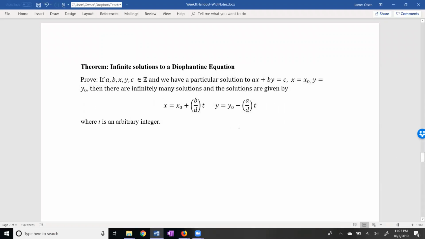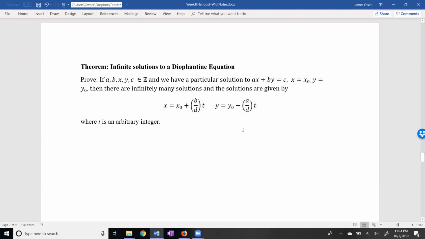Now, if we take a look at these expressions here, notice that we're dividing by d. b is divisible by d, so this looks like a fraction, but it's actually going to be an integer because d is the greatest common divisor. d also divides a. The other thing you'll notice is that here we have addition and here we have subtraction.